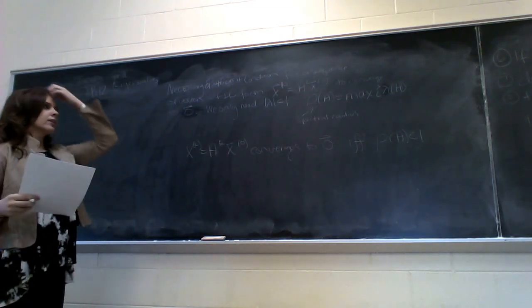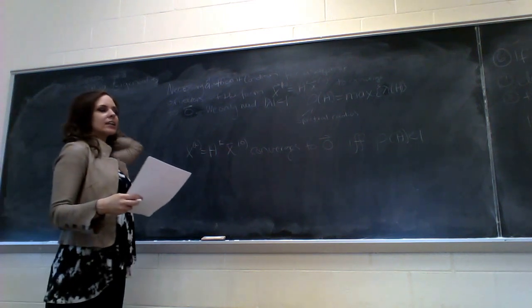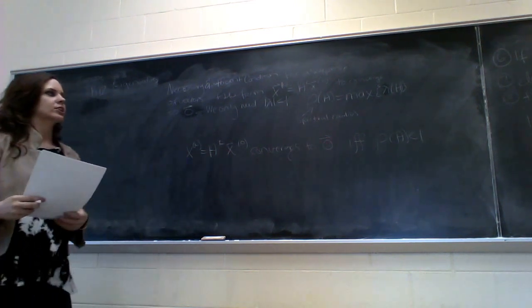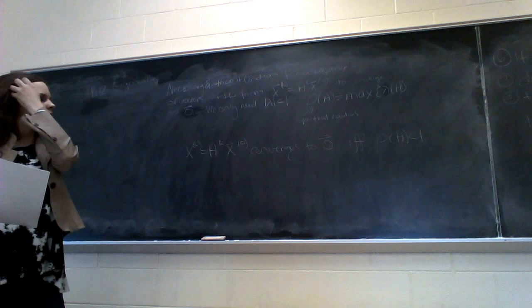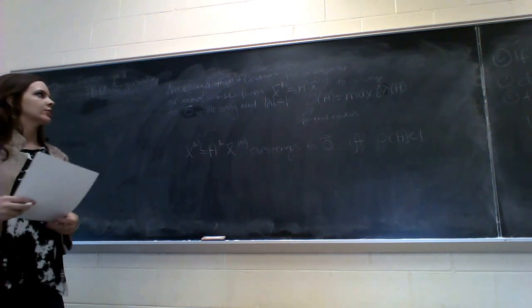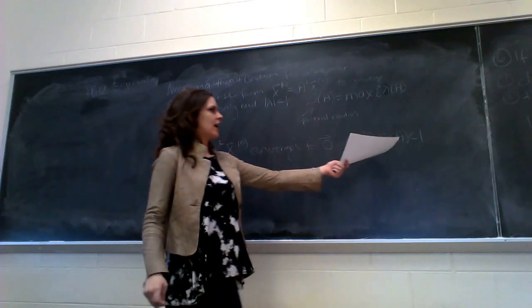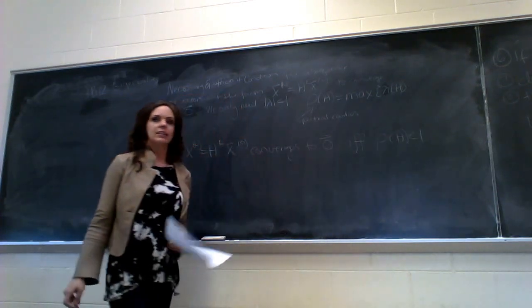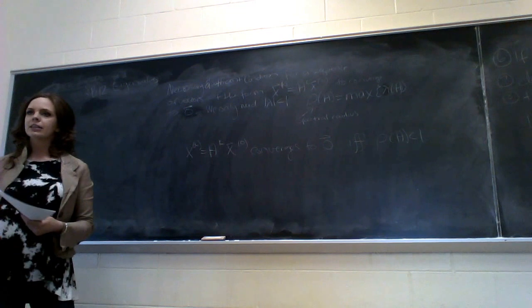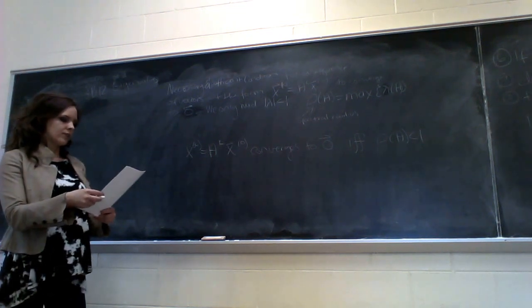So this is our necessary and sufficient condition for convergence of a sequence of vectors to a 0 vector. If we find that the spectral radius is less than 1, then we know that the sequence of vectors is going to converge to the 0 vector.